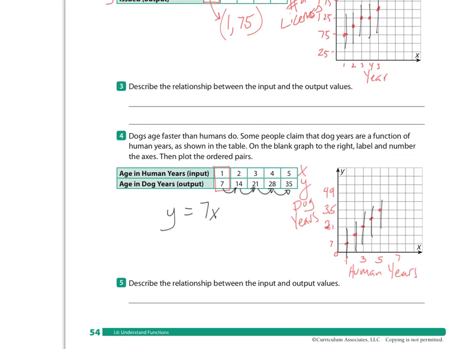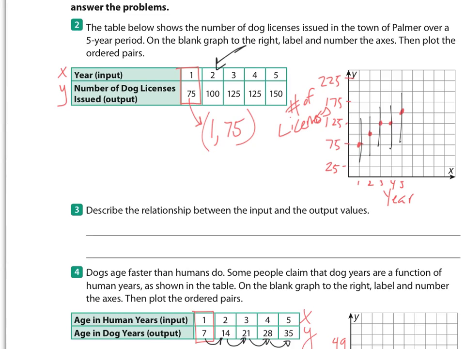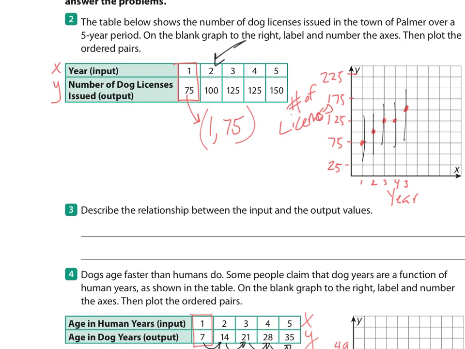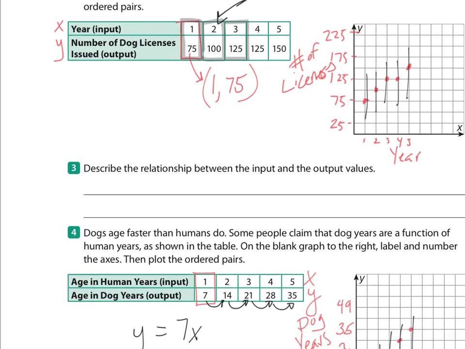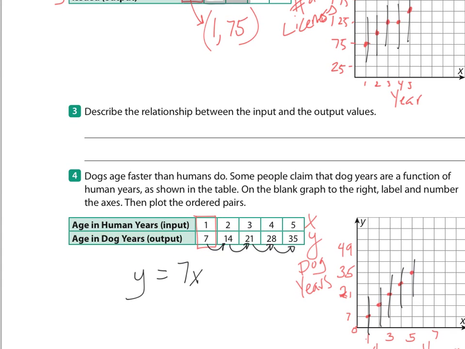All right, now can we do that for the other one up here? Is there some pattern, some relationship between each one of these ordered pairs? Between 75 and 1, and between 100 and 2, and 125 and 3? I would say no, because it's not like the other one that we saw down here, where I can just take the output and do a little bit of division.